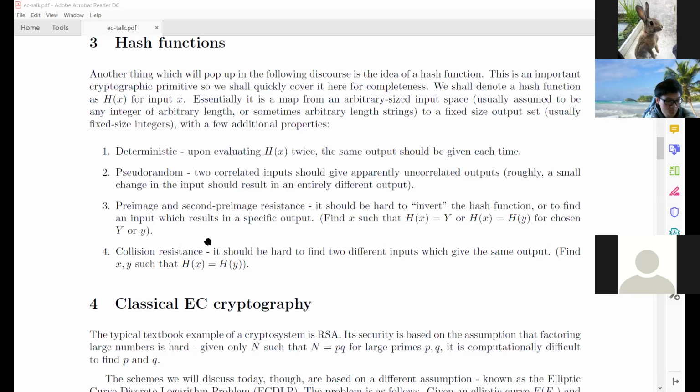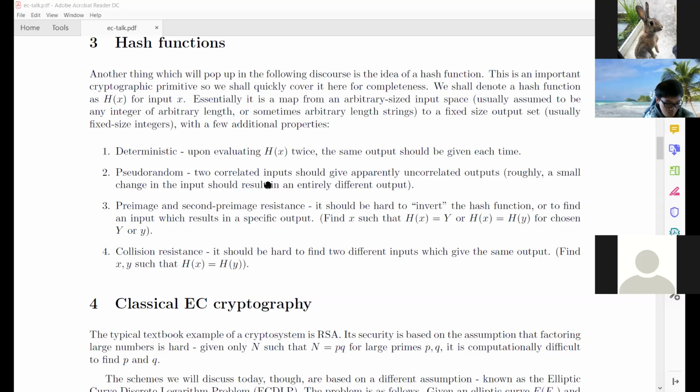I think it just has to be deterministic. But for cryptography, these second to fourth properties are pretty important for the security. So I've just listed them there pretty informally.